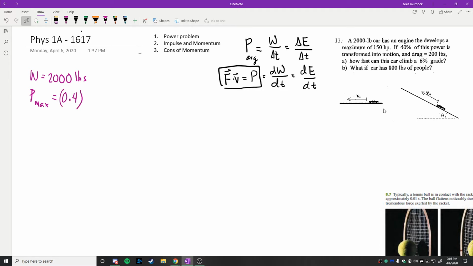So we're just going to multiply that 150 horsepower times 0.4. What would that be? Something like 60 maybe? 60 horsepower?